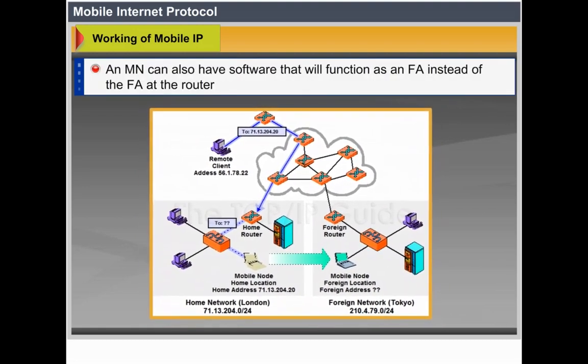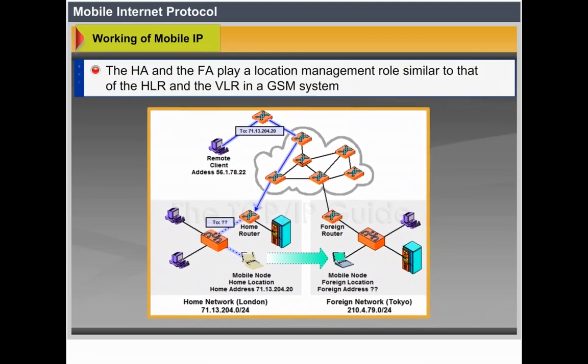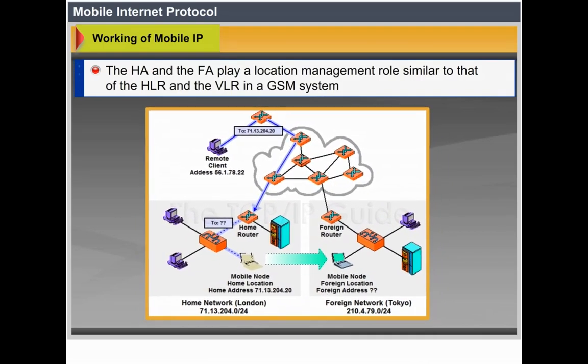An MN can also have software which functions as an FA instead of the FA at the router. The HA and the FA play a location management role similar to that of the HLR and the VLR in a GSM system.